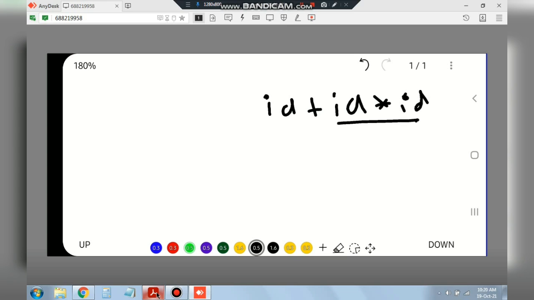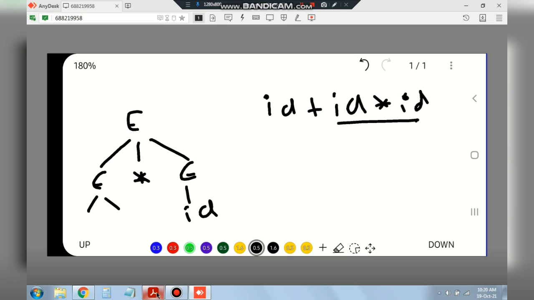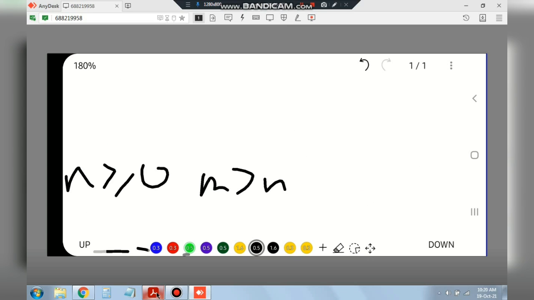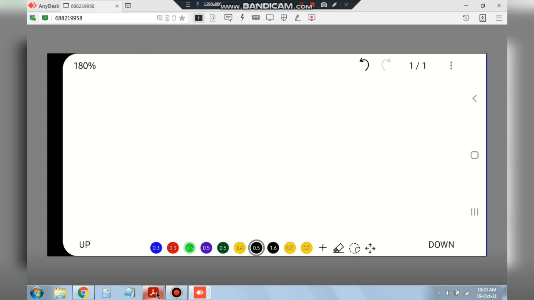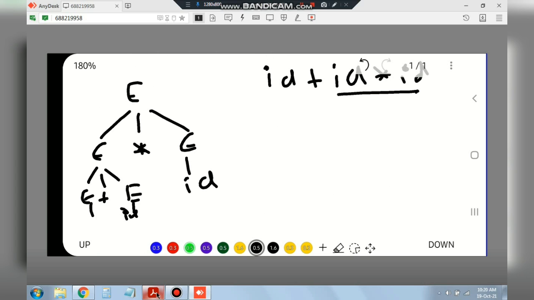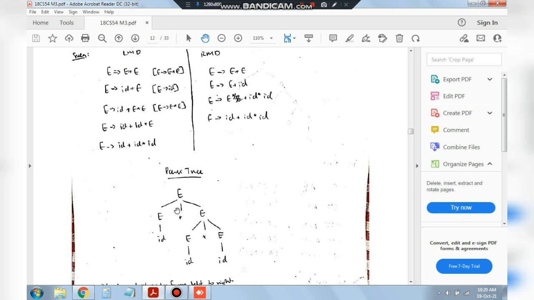So first, rightmost derivation means E was written as E star E. After writing E as E star E, I substituted the value of E as ID, and the other E was written as E plus E. And after that, this became ID, this became ID, and this also became ID. Okay, that's what happened here. So this E also became ID. So this is the parse tree for the right one, and this is the parse tree for the left one.